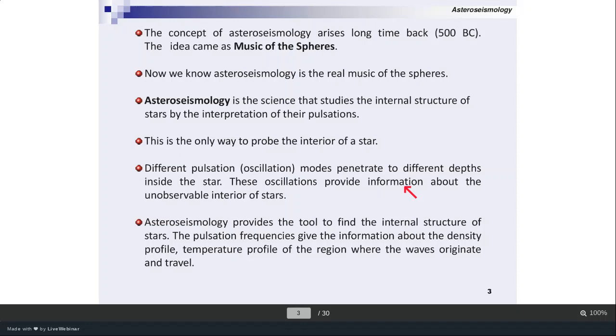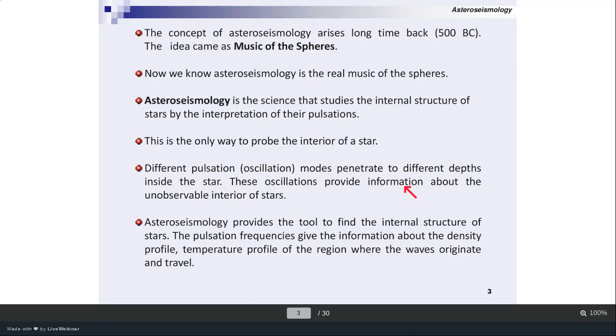Why is it so? Because this is based on the pressure waves or sound waves created inside the star, and these pressure waves or sound waves generate some physical changes of the star. Basically, it's a change of magnitude or brightness. However, by looking carefully at these magnitude or brightness variations, we can investigate the inside of the stars.